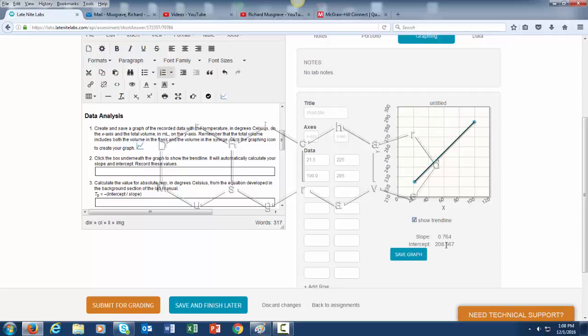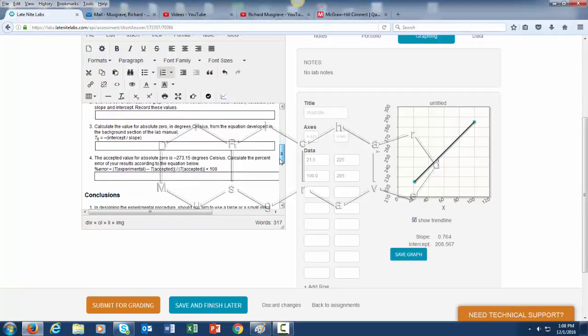It's going to show me the slope and it's going to show me the intercept. Now as it states here, it was in the background as well, that the absolute zero temperature will be found by taking the negative value of the intercept divided by the slope, and then we'll be able to figure out exactly what absolute zero is based upon that.